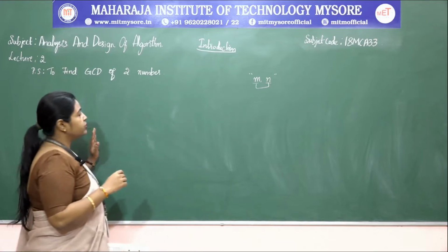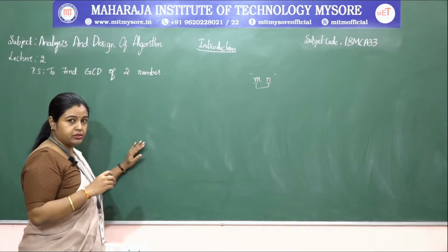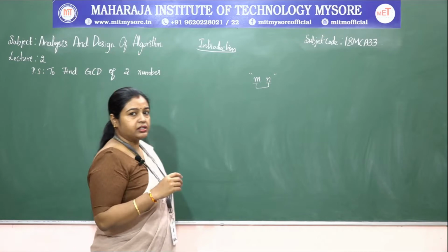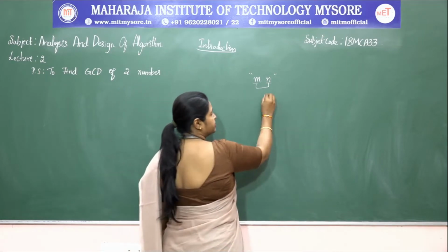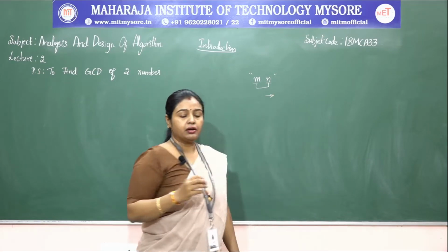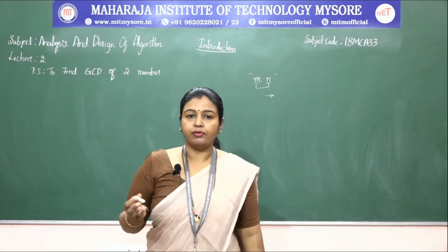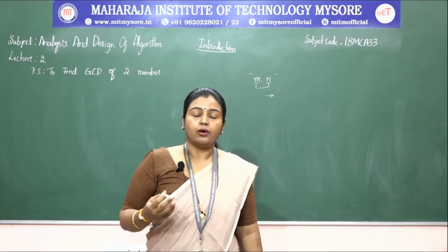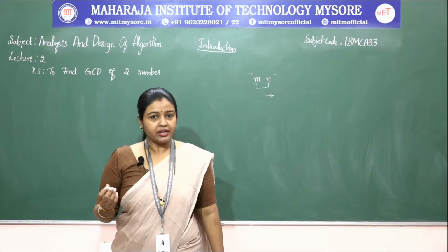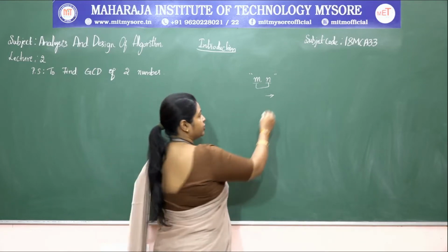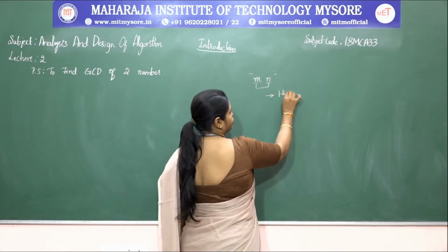Here, in order to find the GCD of two numbers, we have multiple solutions. The first approach, which we would have learned in high school itself, we can call the high school approach.